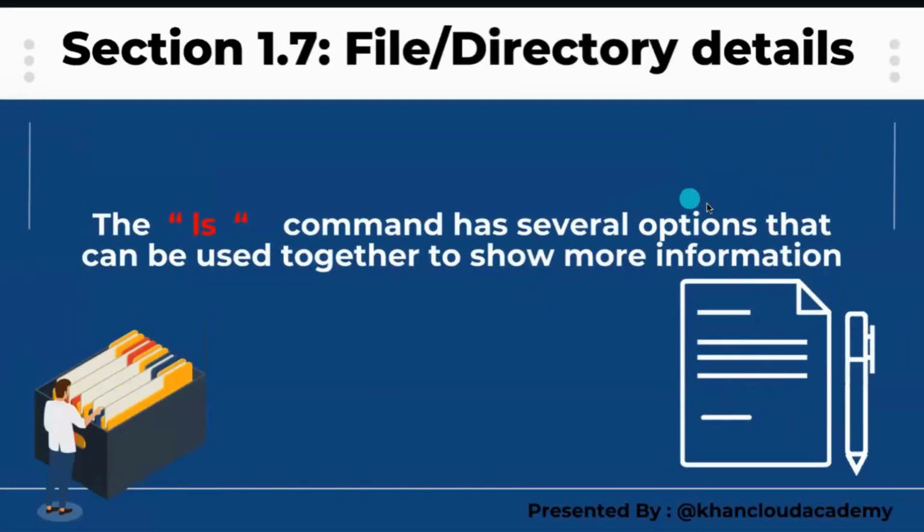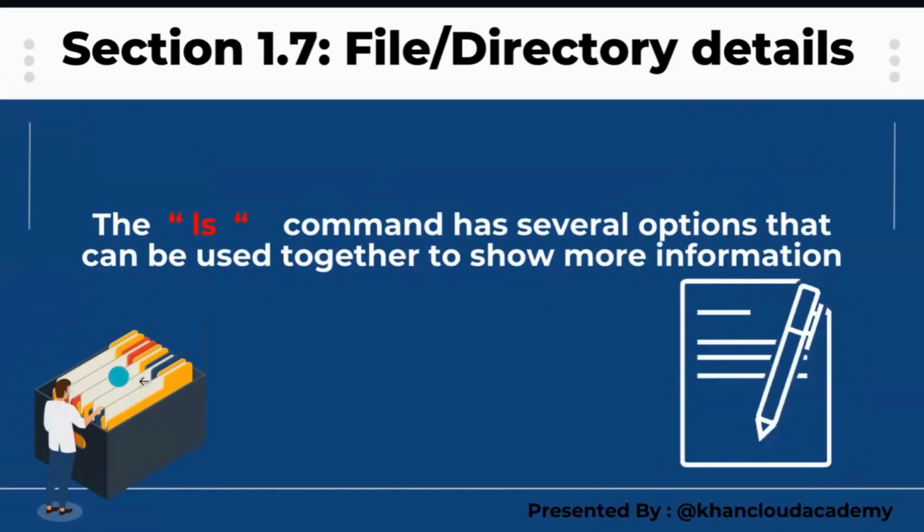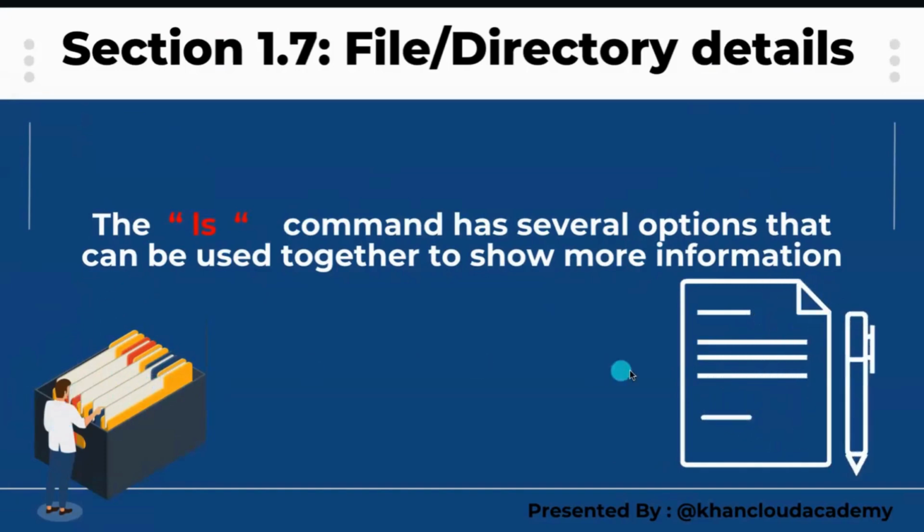So the next topic is file and directory details. The ls command has several options that can be used together to show more information. So this guy, you're seeing here, is managing a lot of lists and files.